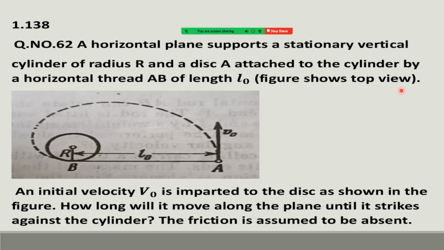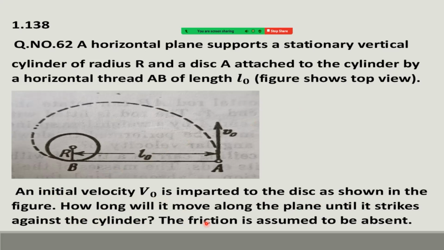You can see a top view. And initial velocity V0 is imparted to the disc as shown in the figure. How long will it take along the plane until it strikes against the cylinder? The friction is assumed to be absent.